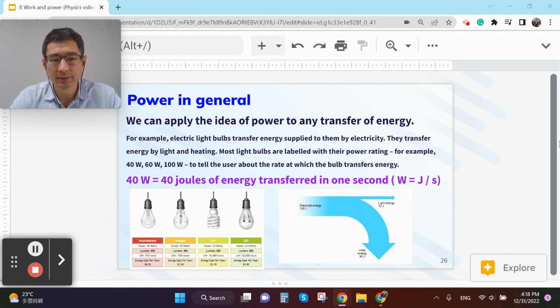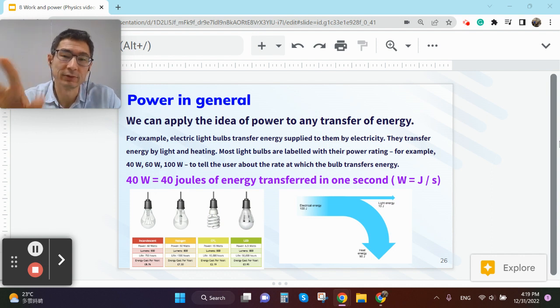So what does it mean? It means if a lamp is 40 watts, it transfers electrical energy to light and heat, isn't it?